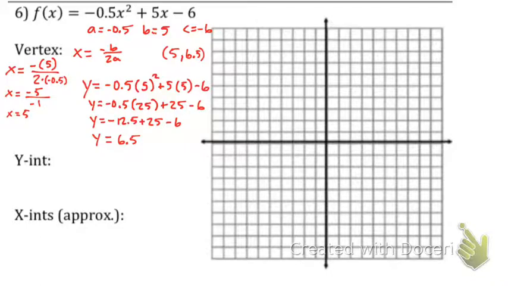So let's graph that. 5, then 1, 2, 3, 4, 5, 6, and then halfway up.